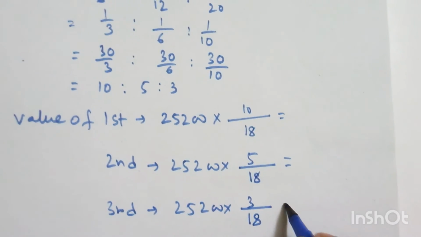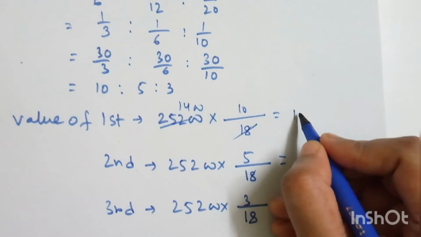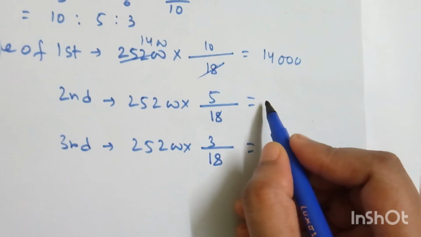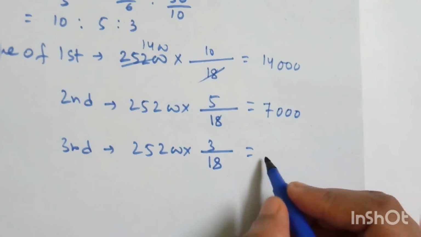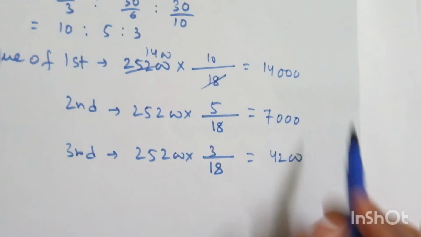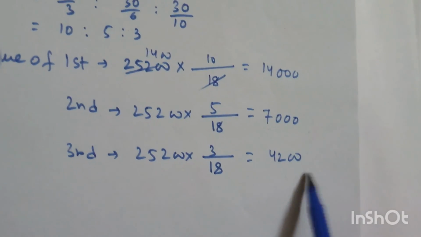So just simplify this, you will get 14,000. It will be 7,000 and it will be 4200. So the value of the first is this, the second is this and the third is this.